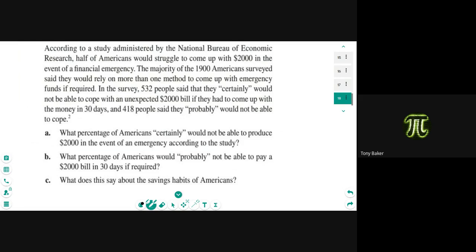Probably everybody in this room. So how many people did they study?